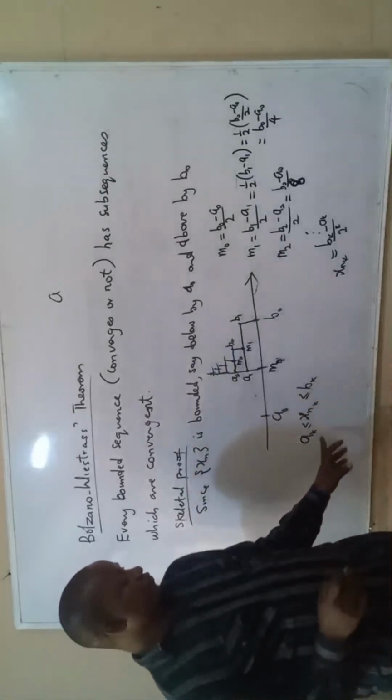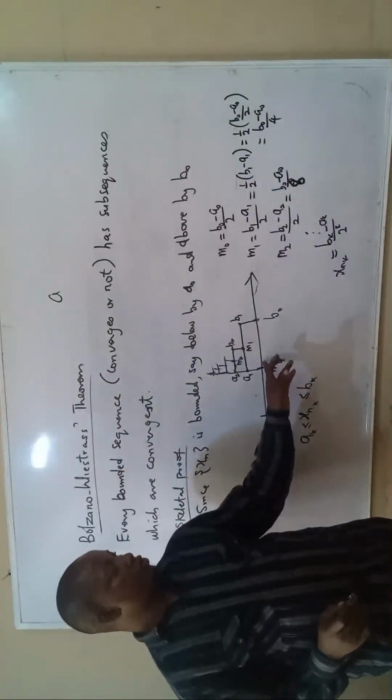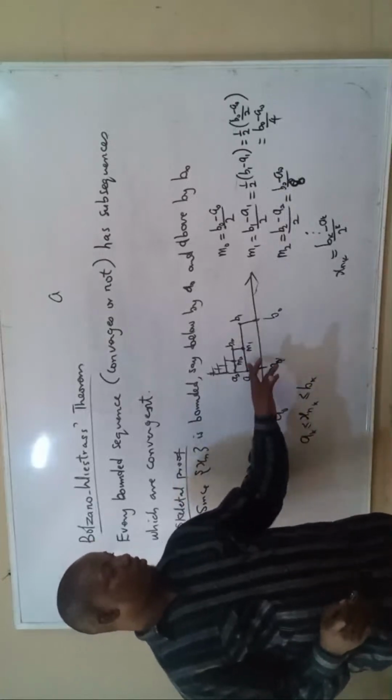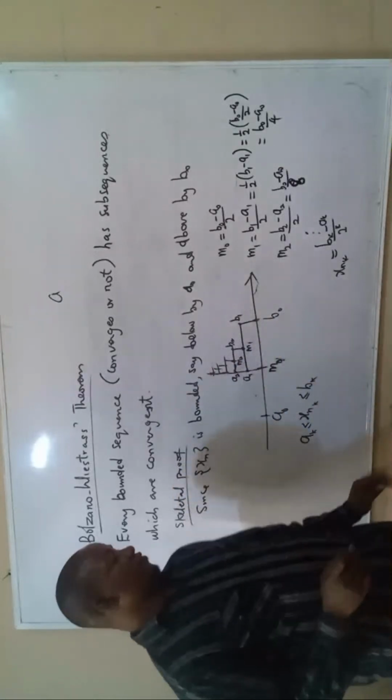For example, if k is 1, x_n1 is a subsequence term between this interval. If it is 2, it is between this interval. If it is 3, it is between this. That's how we have that.